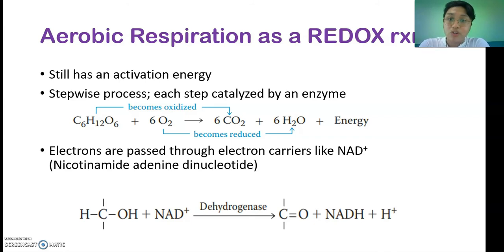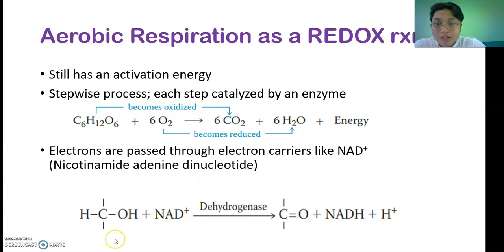As I said, it's a redox reaction, so electrons are involved. As glucose is oxidized to CO2 and oxygen is reduced to water, the electrons lost and gained are passed through electron carriers like NAD+, or nicotinamide adenine dinucleotide, which I mentioned in previous modules.